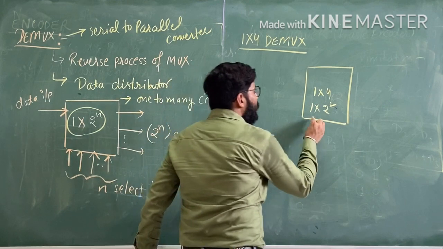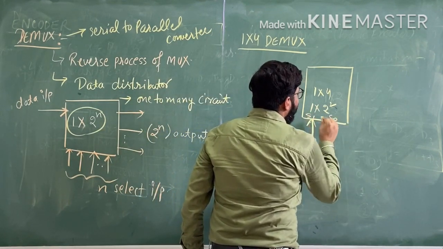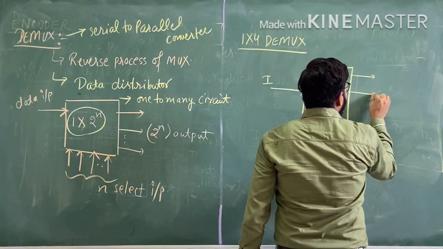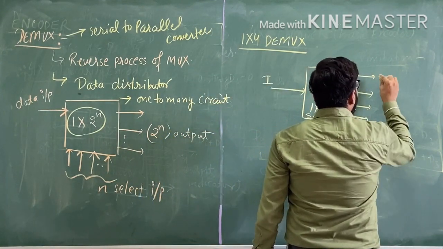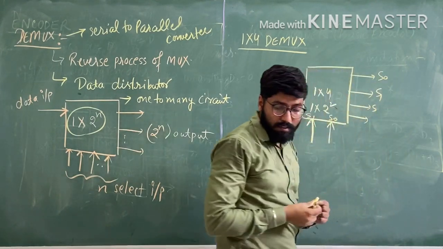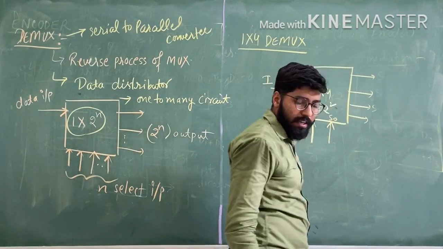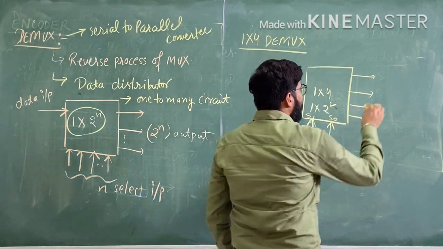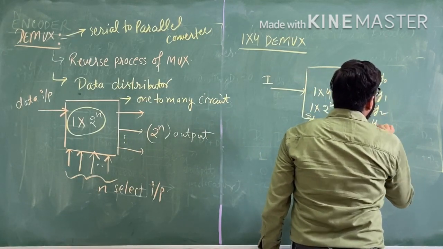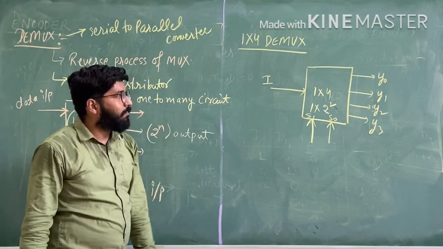So here we have 2 select lines, that is S1 and S0. We have one input, that is I, and we will get 4 outputs. The select input is S1, S0, and the outputs are y0, y1, y2 and y3.